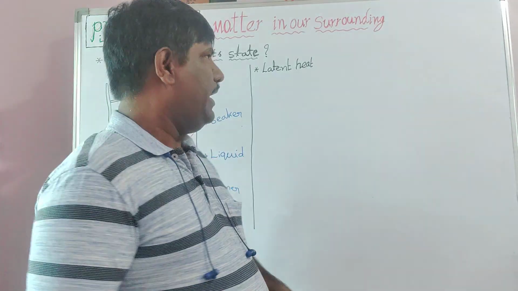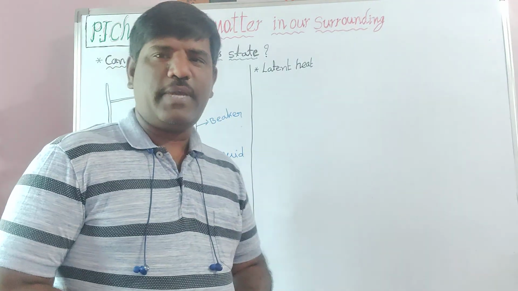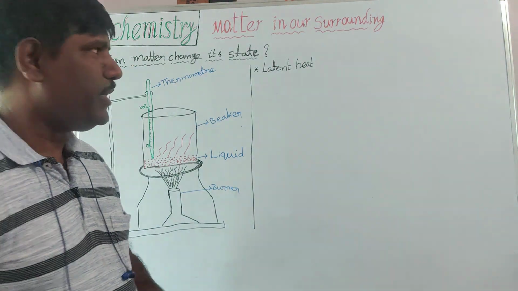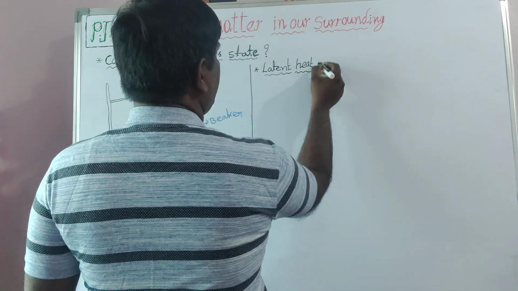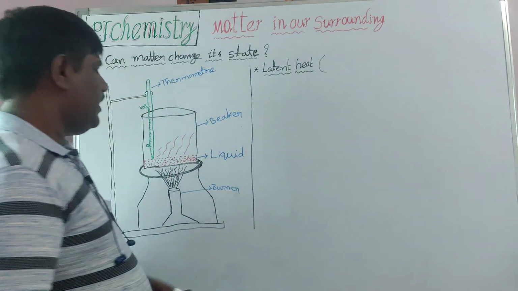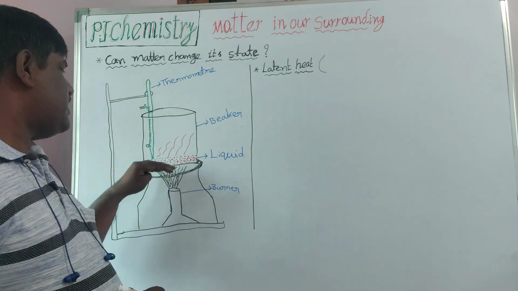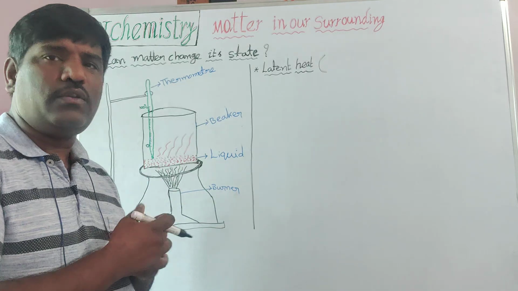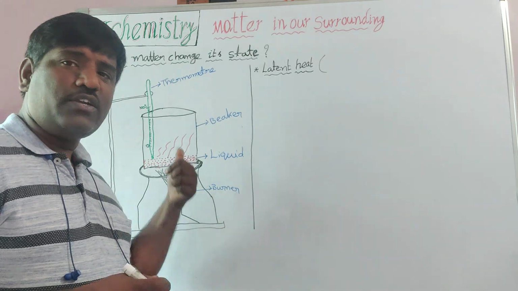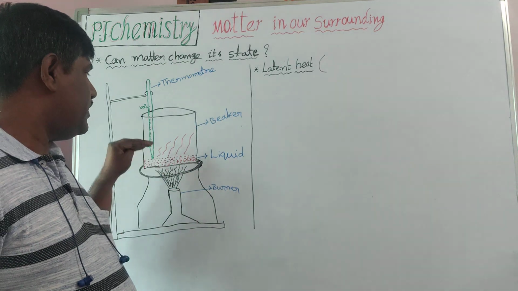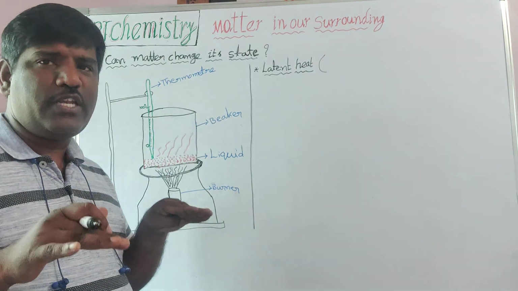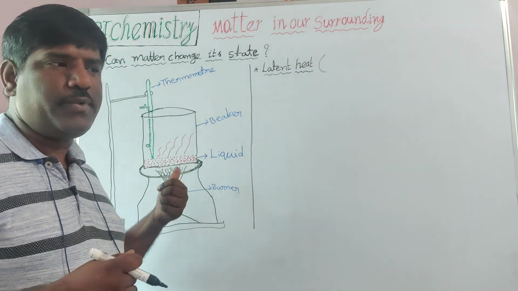What is meant by latent heat? Latent heat means hidden heat. Hidden heat means the heat we give is transferred from molecule to molecule, but we do not notice it with the thermometer. Once all that heat reaches the surface of the molecules, only then do we notice it in the thermometer.